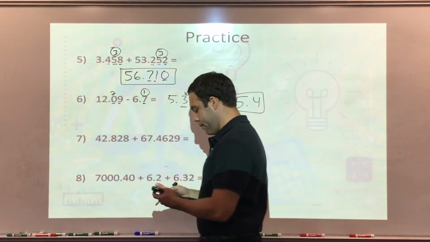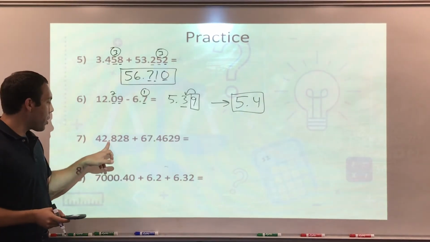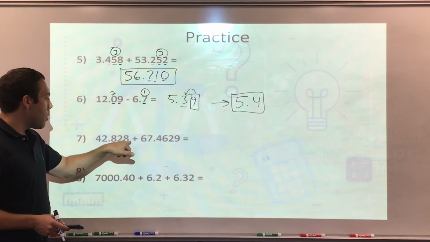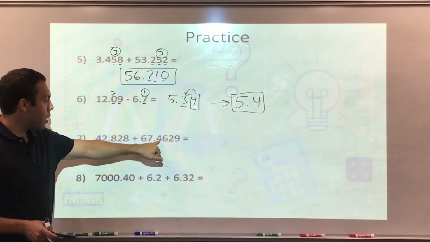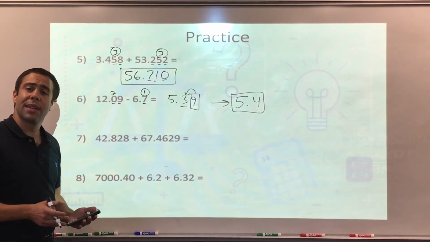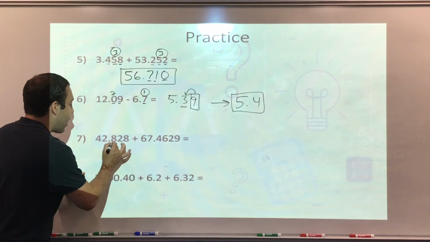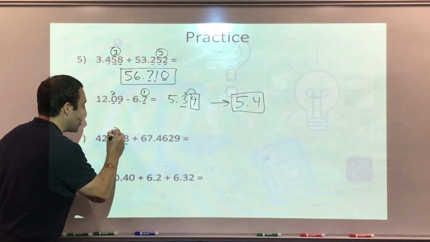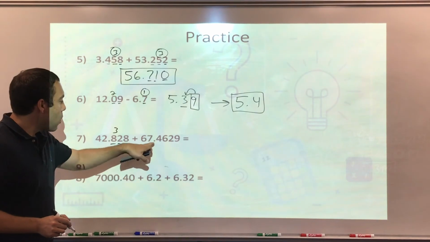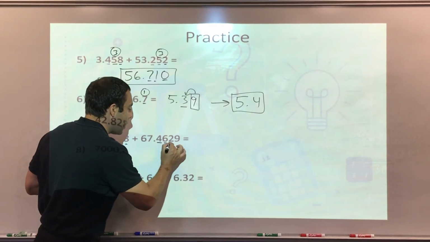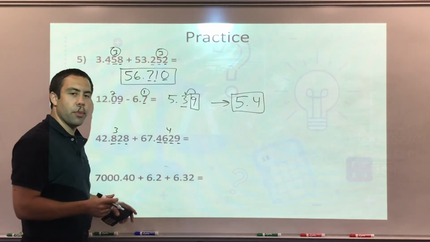Problem number 7, we have 42.828 plus 67.4629. Step 1, we see that 42.828 has 3 decimal places, whereas 67.4629 has 4 decimal places.